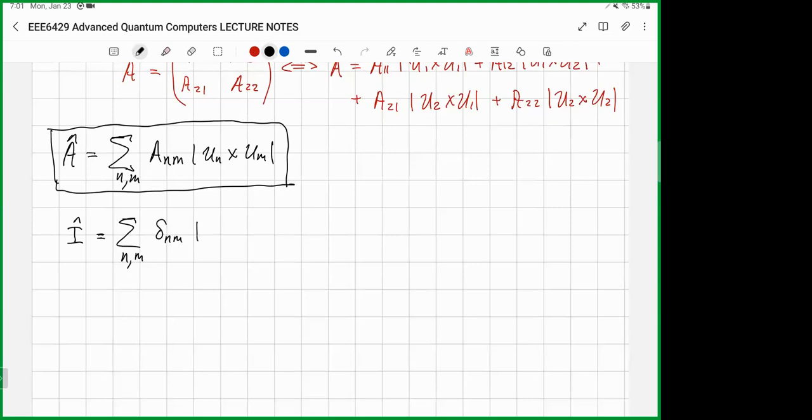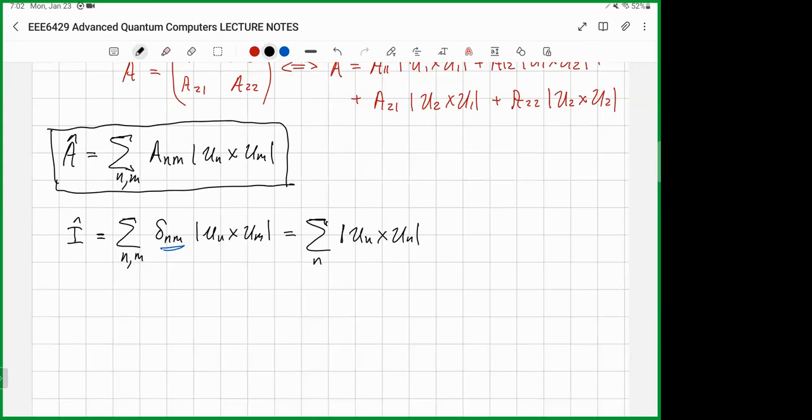And in a given basis, we have u_n, u_m here and here. Since this delta equals 1 when n equals m, and otherwise equals 0, only elements with the same indices survive, and they equal 1. So this simplifies to the single sum over n of u_n u_n.